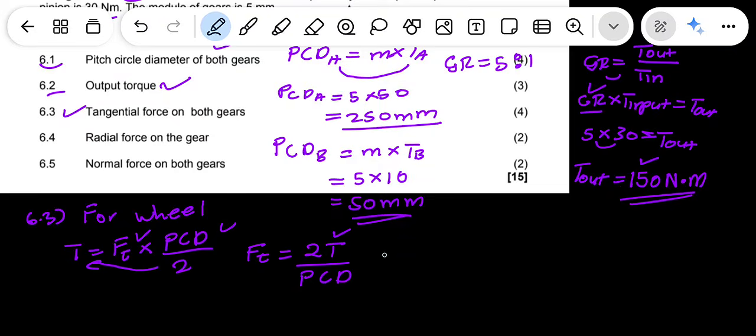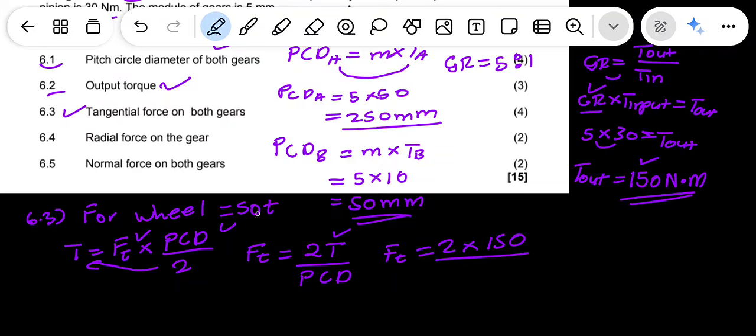For the first gear, I have that Ft must be equal to 2 multiplied by the output torque, divided by its PCD. Because I've said this, I will decide to be the one of the 50 teeth.